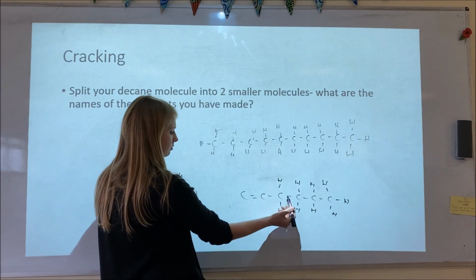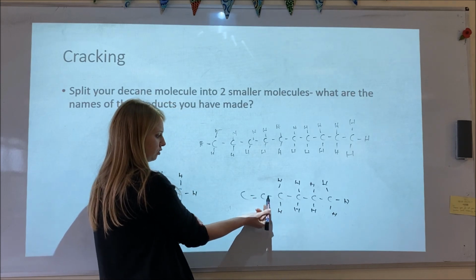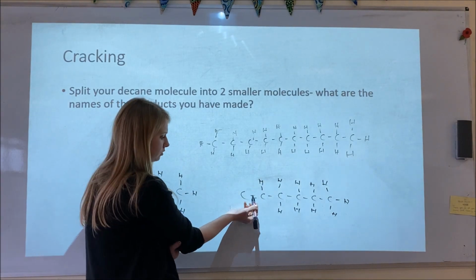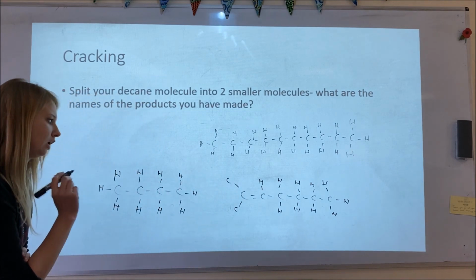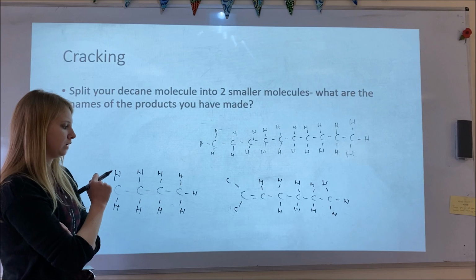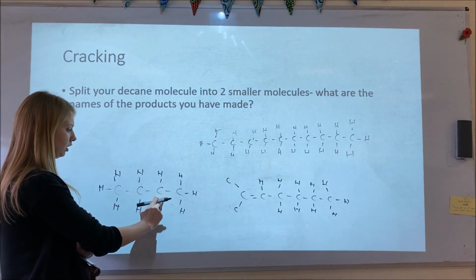So this carbon makes 1, 2, 3, 4. This carbon needs to make 4 bonds, 1, 2, 3, 4. And this carbon needs to make 4 bonds, 1, 2, 3, 4. Okay, so we've got 2 slightly different chemicals being produced. In terms of naming them, we've got 4 carbons here.